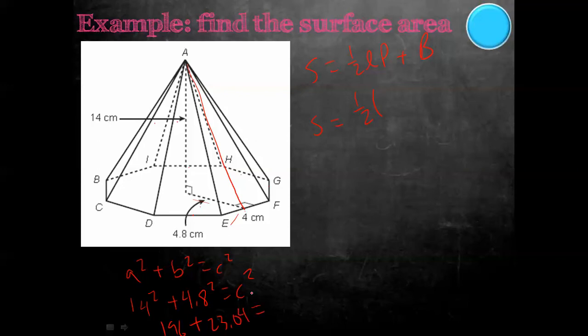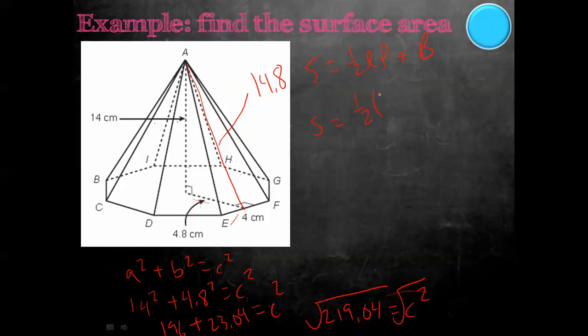So we add those together and get 219.04 equals c squared. So we want to take the square root of that, and that's going to give us 14.8. So we know that the slant height is 14.8.